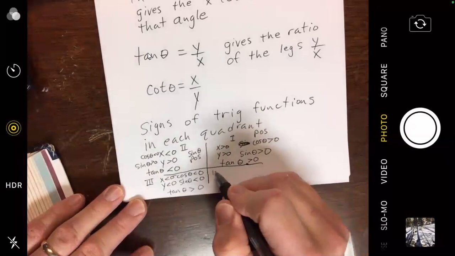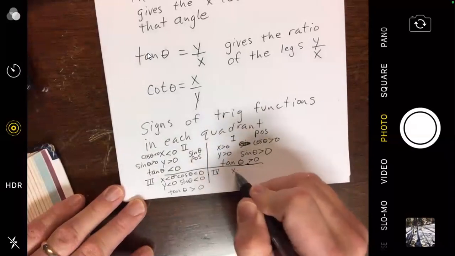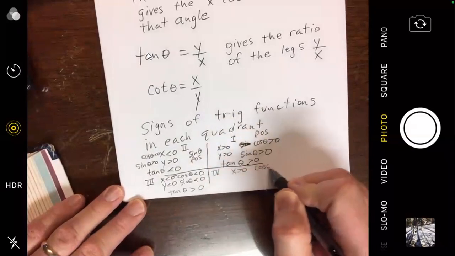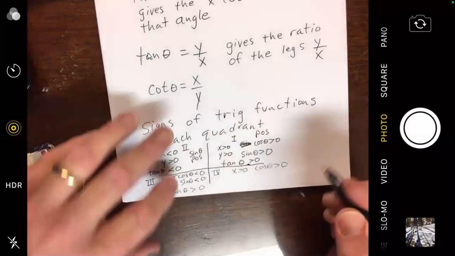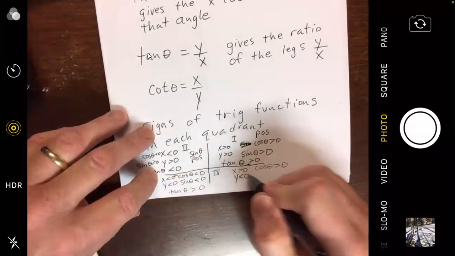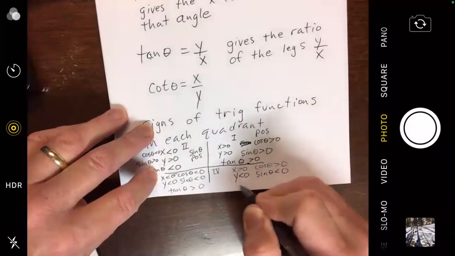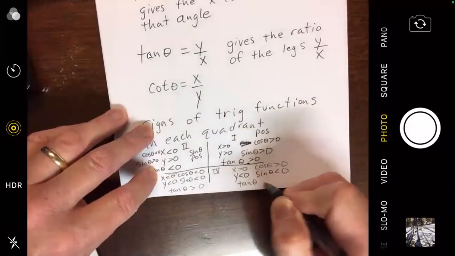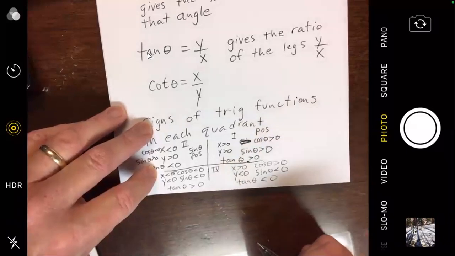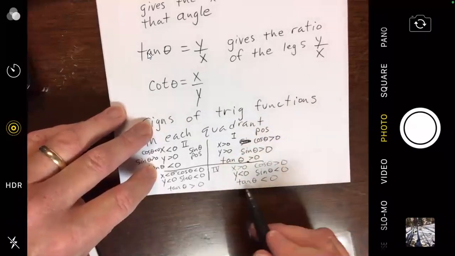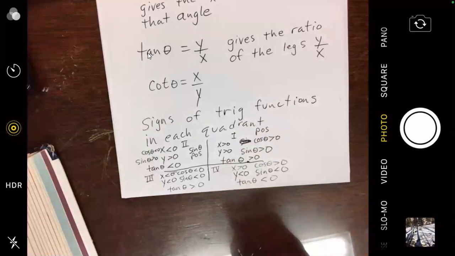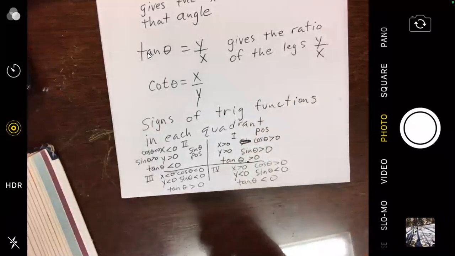And finally, quadrant 4, x is positive, so cosine theta is positive. Y is negative, sine theta then is negative, and your tangent is also negative, because positive over negative gives you a negative. And so they just explain all that, and they want you to find signs.